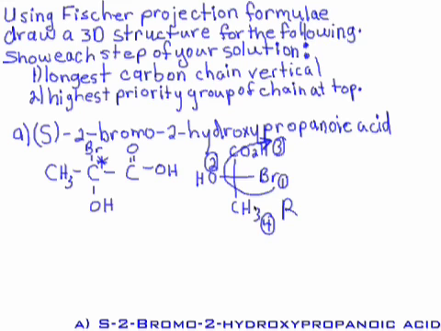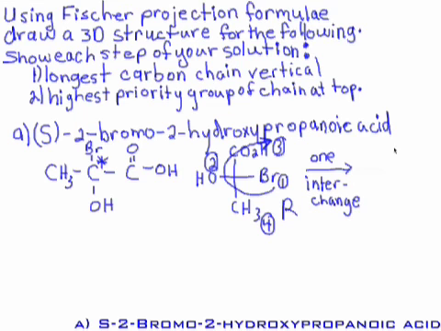I need S. If I wanted R, I'd be done. I could just draw the 3D structure, but because I need S, I've got to do 1 interchange. Okay, I can do that.